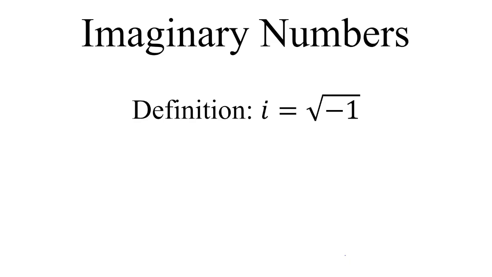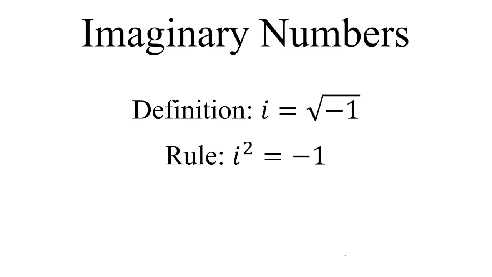Now, you cannot really take the square root of a negative number. That's why they call it an imaginary number. So this is the definition, and this is the rule: i squared equals -1.